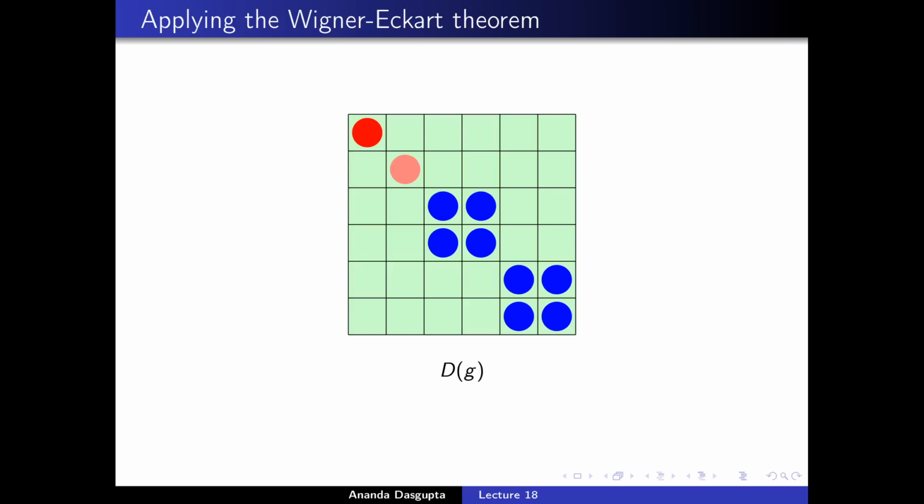So each and every one of the D(G)s will take this form, provided of course we have chosen the correct basis. And if we actually use this basis, curly F, which commutes with each and every one of the D(G)s, will have a form which is dictated by the Wigner-Eckart theorem. And let me just remind you of what the form is going to be.